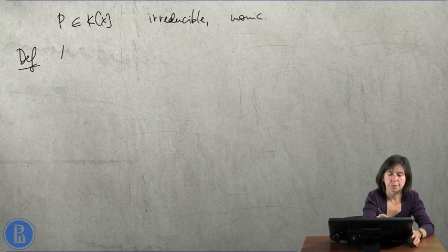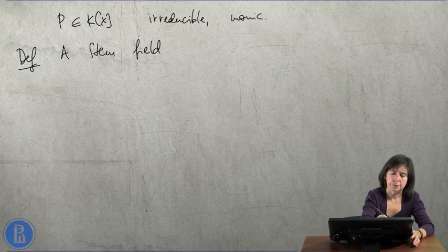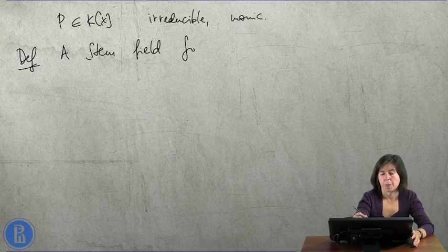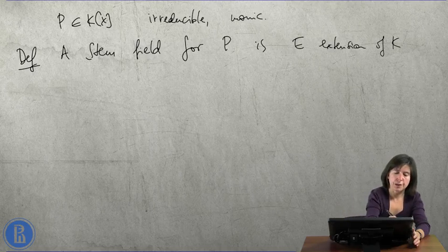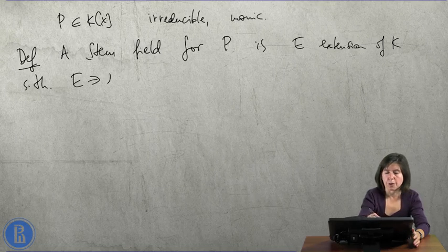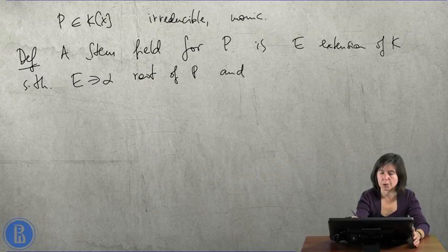A stem field for p is an extension E such that E contains a root of p and is generated by this root.